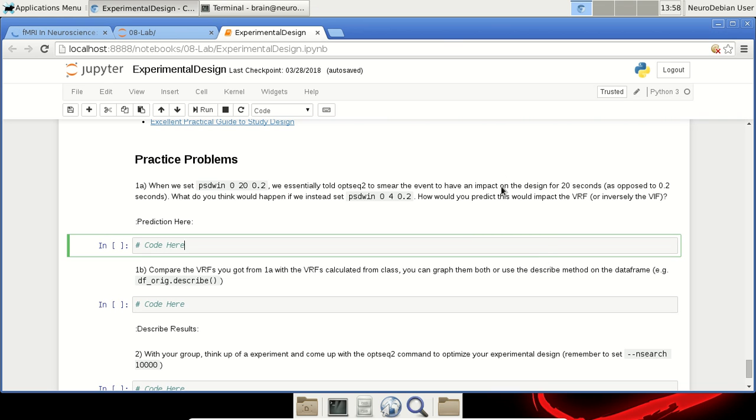So if each volume represents 2 seconds, a time repetition of 2 seconds, then for 0 to 20, say we had a congruent trial start at the 0 point, or as the first volume, then the first 10 volumes would be influenced by the congruent condition. Whereas if we only imagined it to be 4 seconds, then only the first 2 volumes would be influenced by the congruent condition.